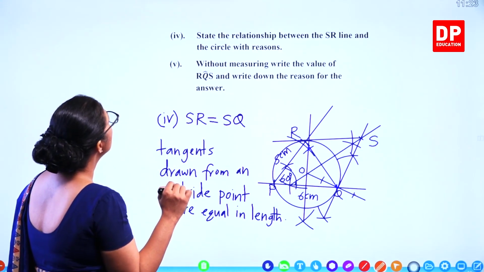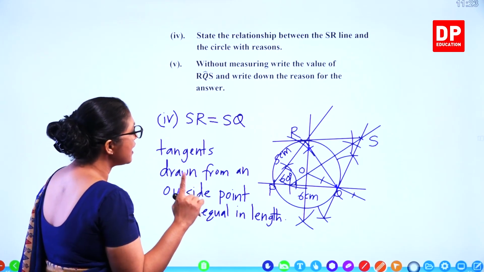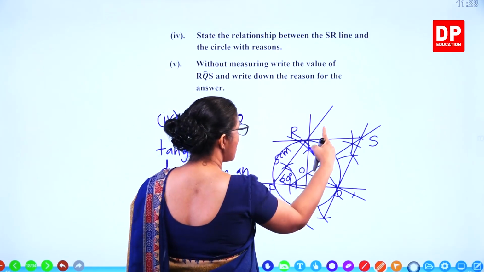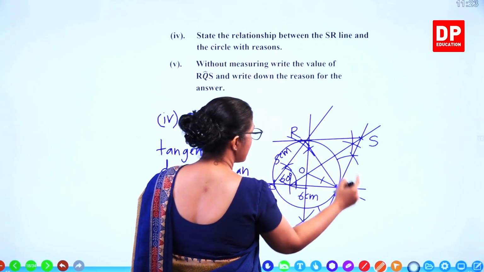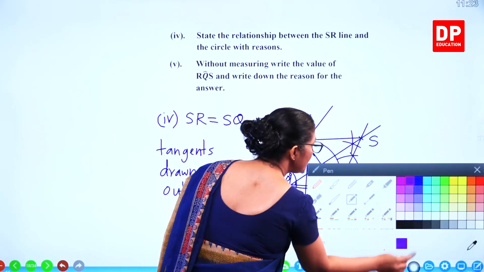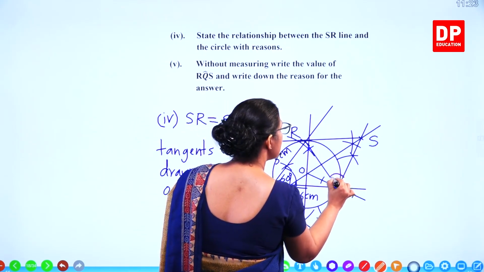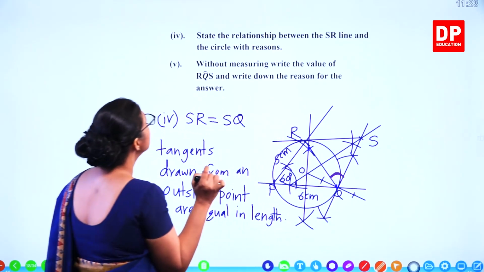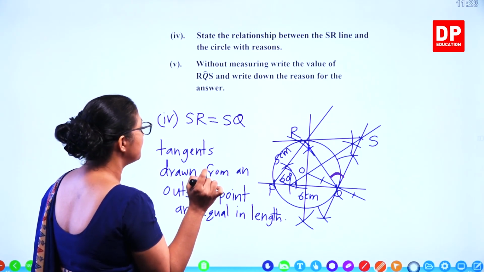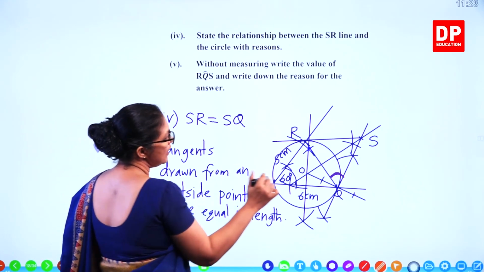Then the next one, without measuring, write the value of RQS, this angle. We need this angle and write the reason for the answer. Look at it carefully.